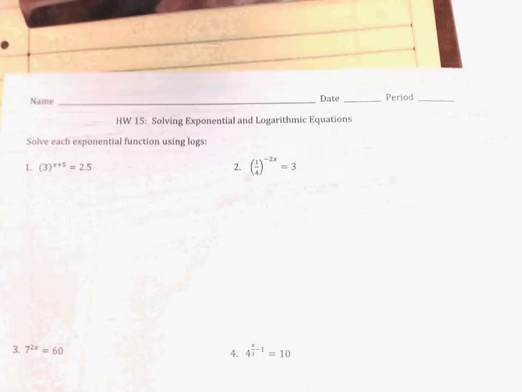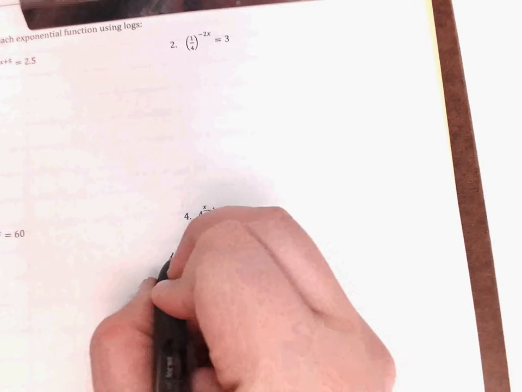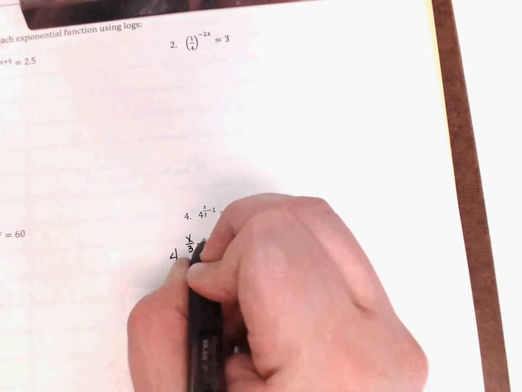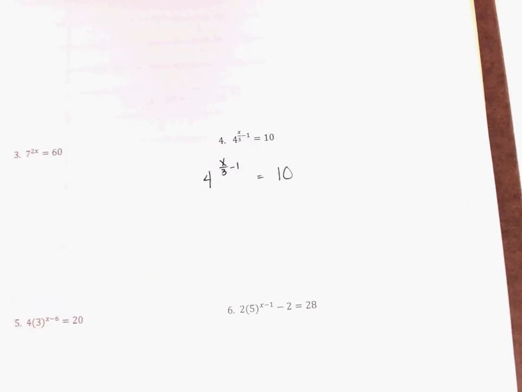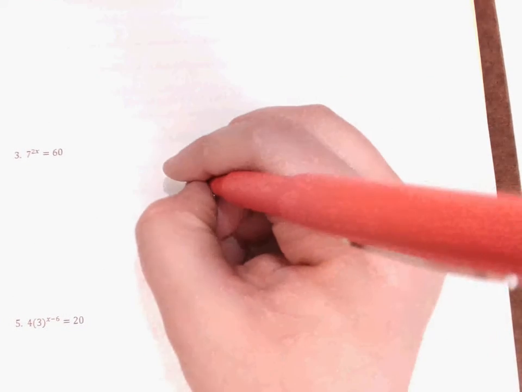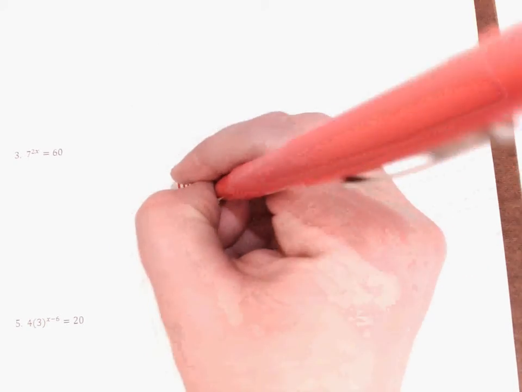Okay, take a look at number 4. Okay, yeah, so if it's 4 to the x over 3 minus 1, what do I do first to get rid of that 4 base? Can't divide. 4 is the base. You have to log 4 it.